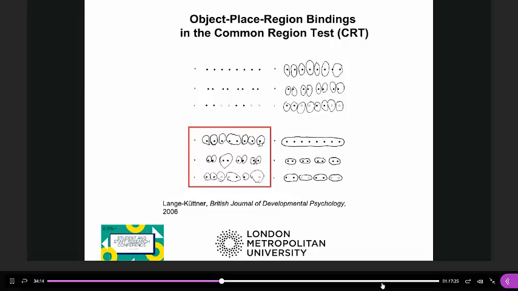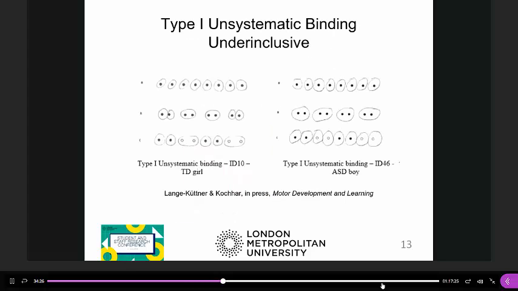Now I'm going to show you two slides which make a little bit of a difference in the way unsystematic coding is carried out by the children. Here you have the unsystematic coding, which is still dominated by object place binding.